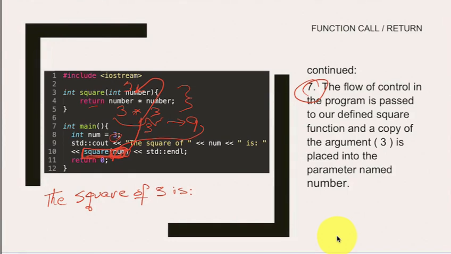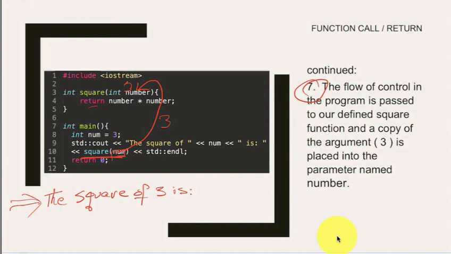So let me clear this out again, so we can see all of this happen clearly. I'll try and write a little bit clearer. At this point, we have written to the user's monitor "the square of 3 is," and then our function call is encountered. Whatever lives inside our argument, in this case there's a 3 in there, so a copy of that information is placed into our variable number, which is our parameter.